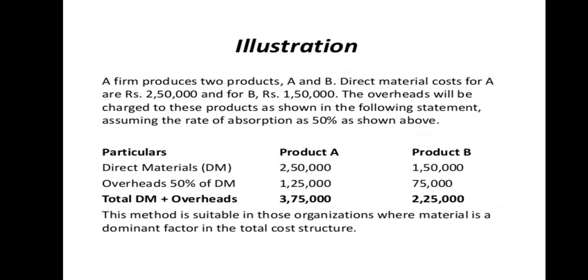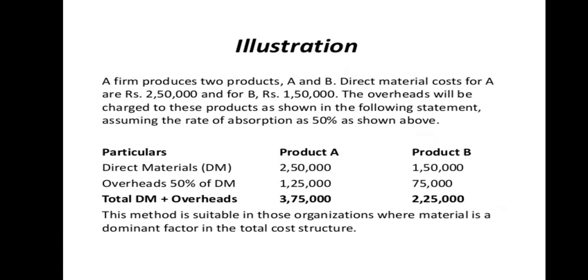Total direct material plus overheads for product A is 2,50,000 plus 1,25,000, that equals 3,75,000, and for product B 1,50,000 plus 75,000, that is 2,25,000.